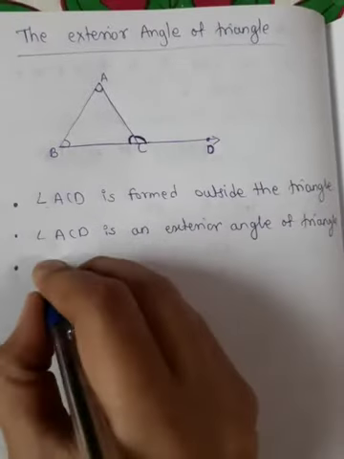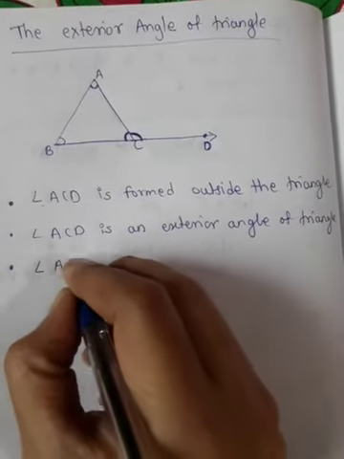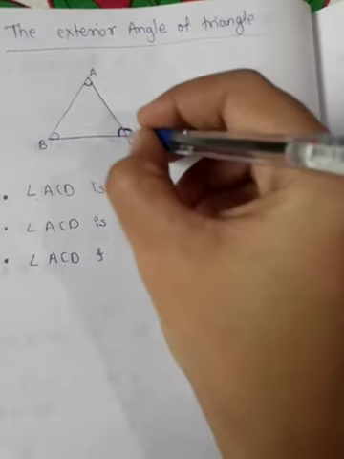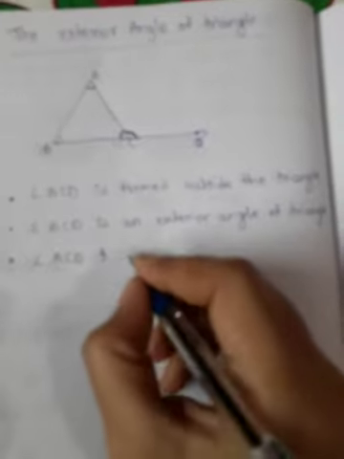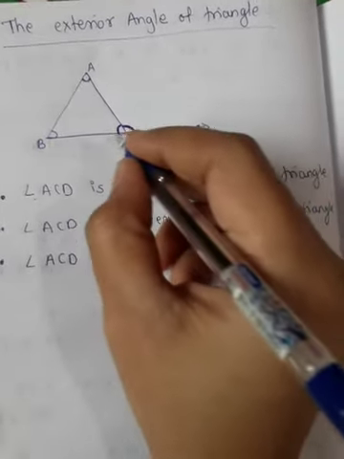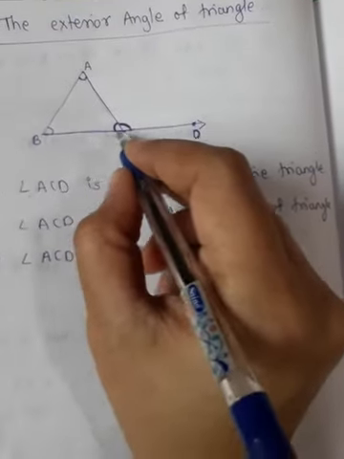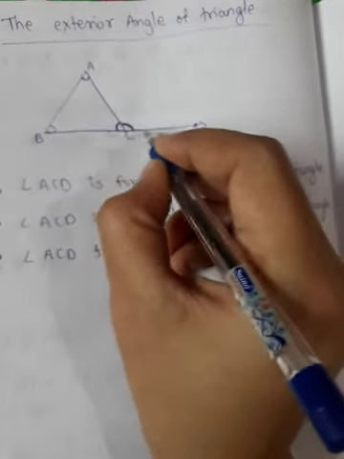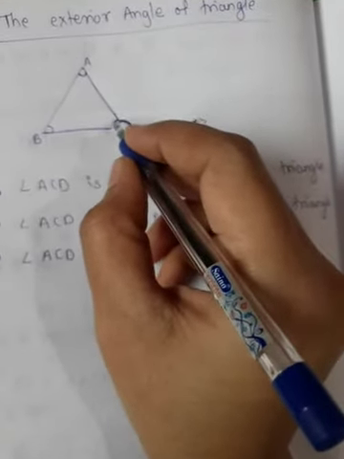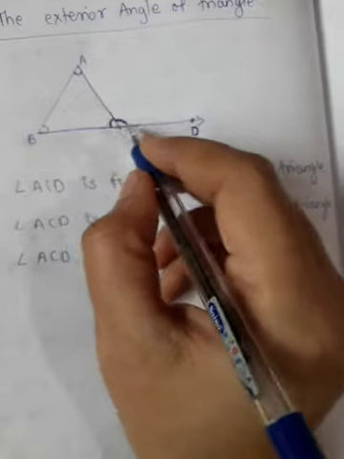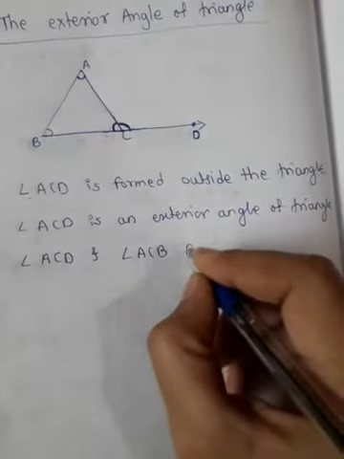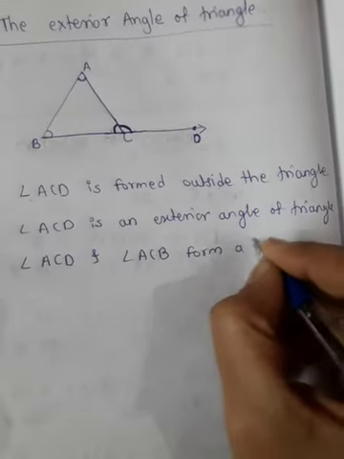Angle ACD and angle ACB are adjacent, or you can also say that they form a linear pair. The sum of their measures is 180. So angle ACD and angle ACB form a linear pair.